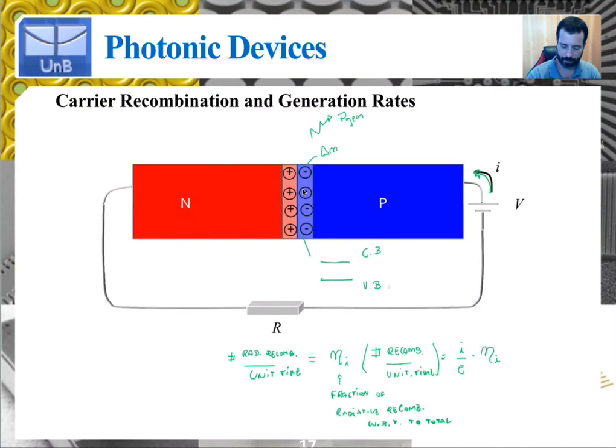Just as easily as the recombination process, in which an electron recombines with a hole, loses energy and emits a photon with energy hf, this same photon can be reabsorbed by an electron which is initially sitting down here and absorbs this energy, annihilating this photon by generating an electron-hole pair.